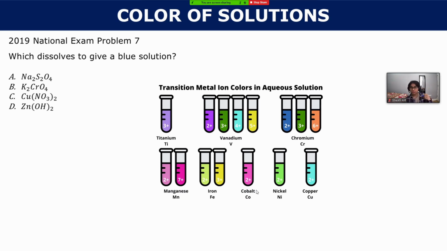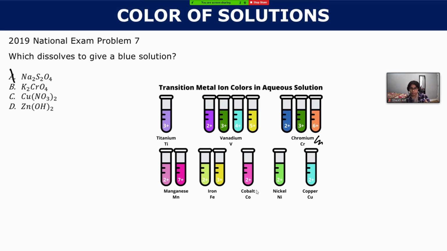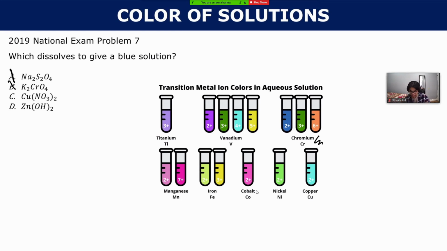Which dissolves to give a blue solution? So again, let's go through the choices. We have Na2S2O4, and that's going to be uncolored because it's not on this chart. We have K2CrO4. We have chromium, and none of the ions of chromium are going to be blue colored, so that's not going to be correct.